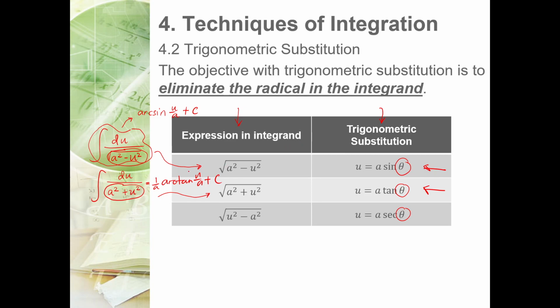Then lastly, I think the last one is u times the square root of u squared minus a squared. Notice that the square root of u squared minus a squared is present. The particular answer for this one in your inverse trigonometric functions is 1 over a arc secant u over a plus c.